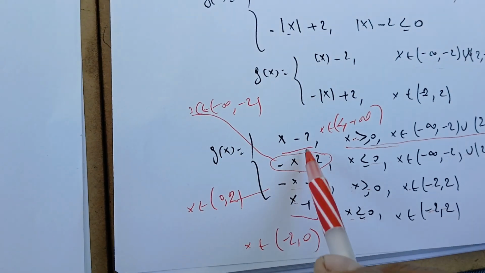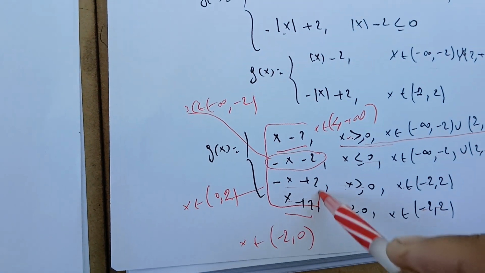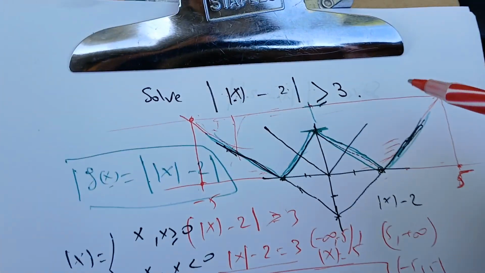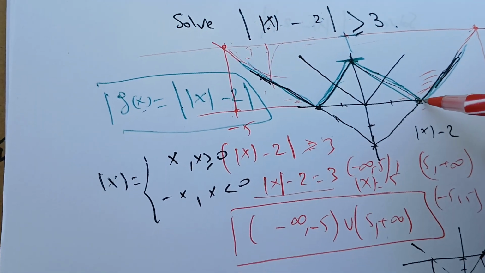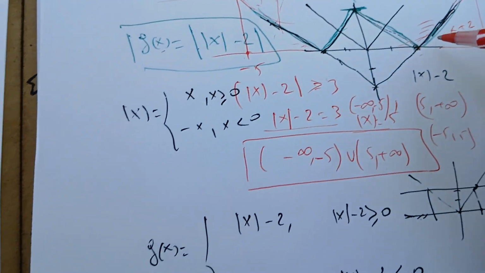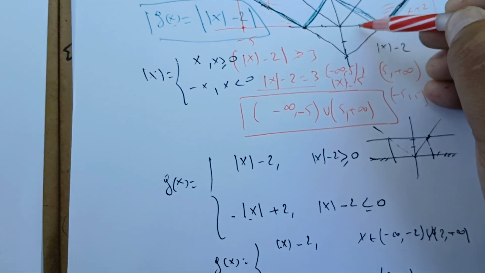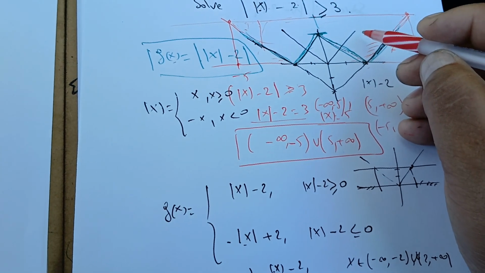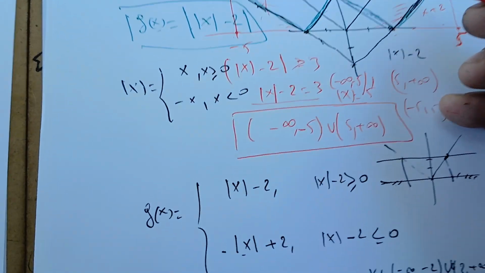Okay, if we put into these functions the given domains, we're gonna get these values. So when x is bigger than 2, we have this graph, x minus 2. When x is between 0 and 2, we get minus x plus 2.